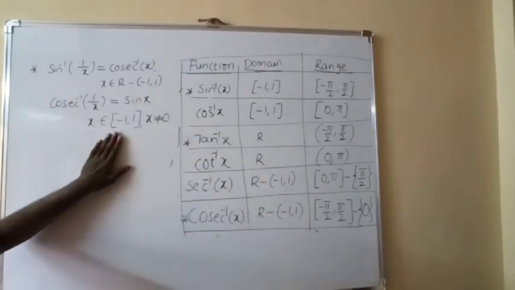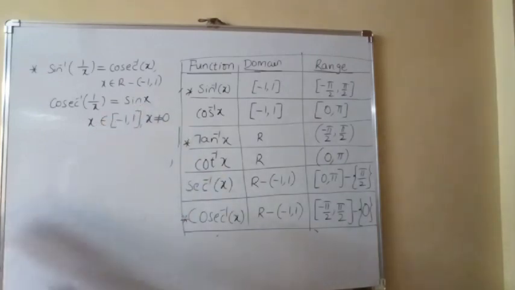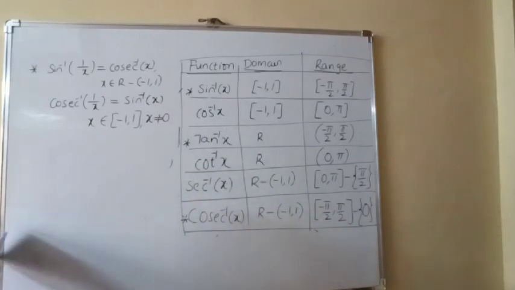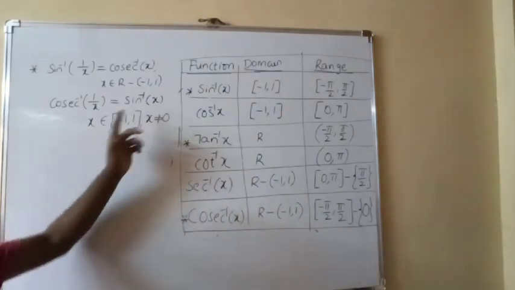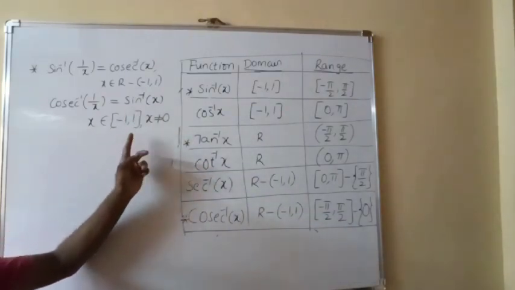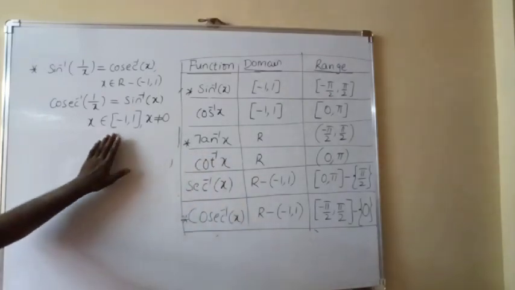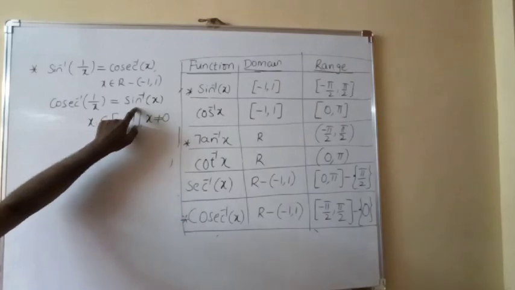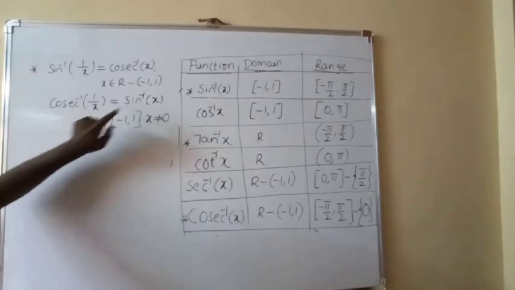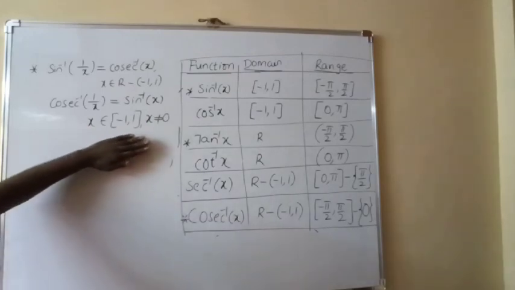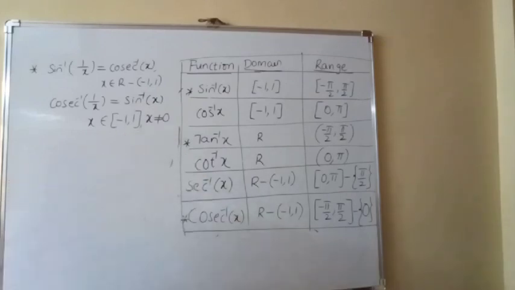But this is not the original domain of sine inverse x. So cosecant inverse 1 by x and sine inverse x are not identical functions, but they are equal only when x belongs to closed interval minus 1 comma 1 other than 0.